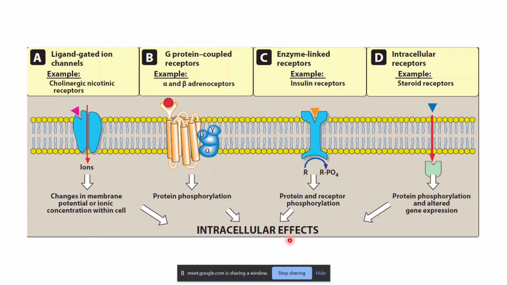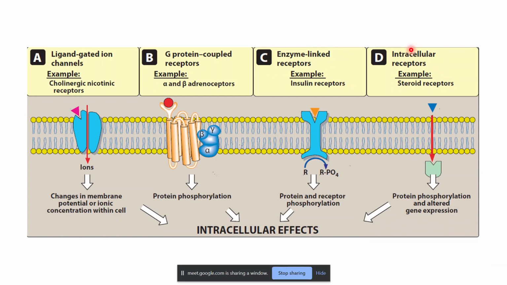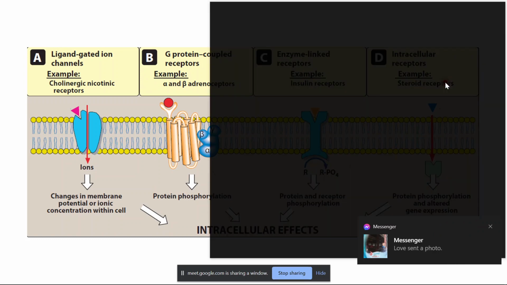The four families include ligand-gated ion channels, G-protein coupled receptors, enzyme-linked receptors, and intracellular receptors.